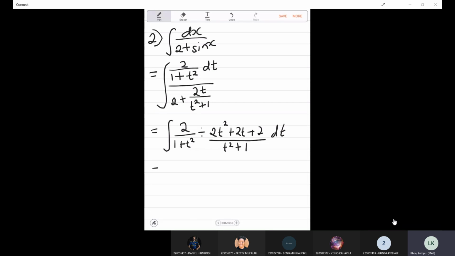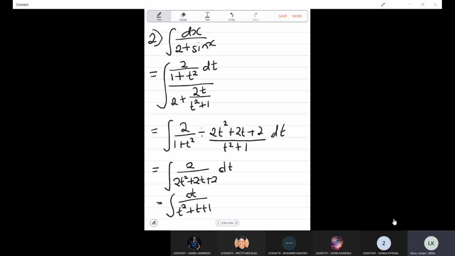So we have the integral of 2 over 2t squared plus 2t plus 2 dt. And then from there we can see that 2 is a common factor, so we can take that out. So this is the integral of 1 over t squared plus t plus 1 dt.